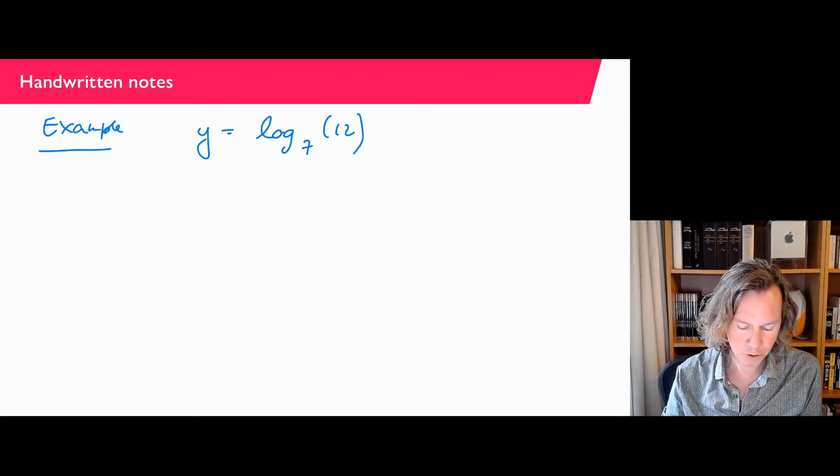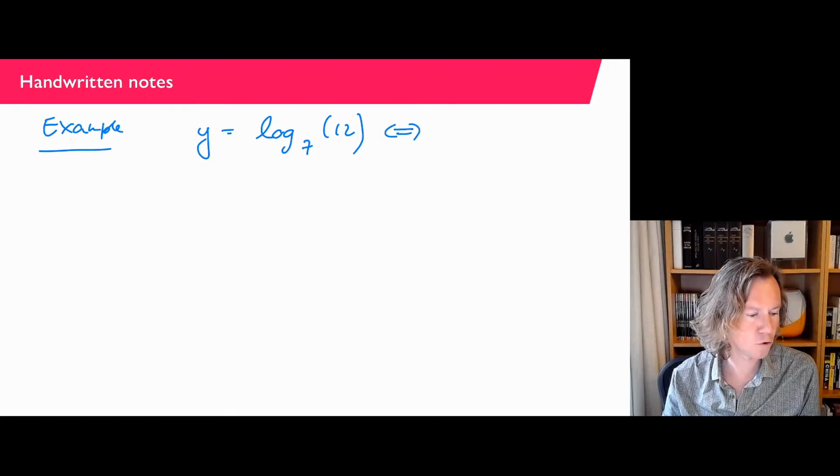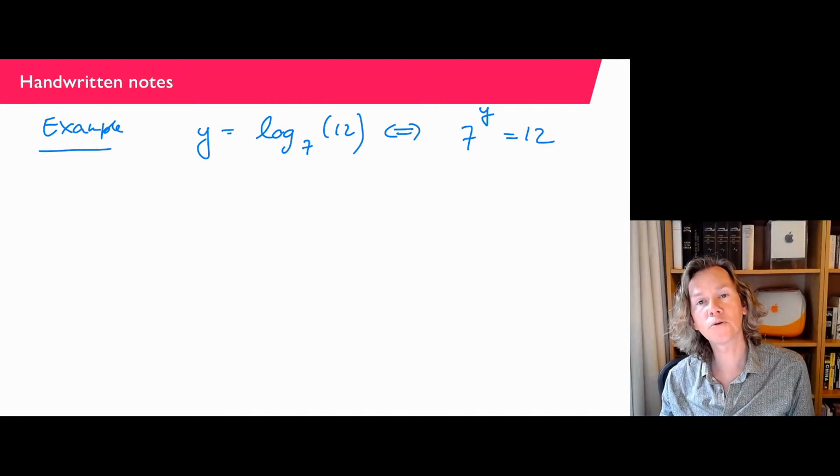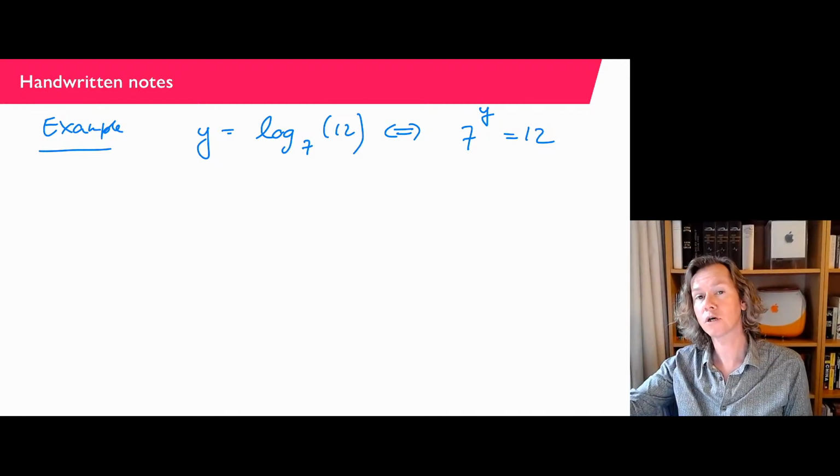So what we do is the ln of y. No, sorry. I shouldn't be doing that. So what this means is, that's basically using the definition of the logarithm. It means that 7 to the power y equals 12. So y is the number that you should raise 7 to the power to get 12.